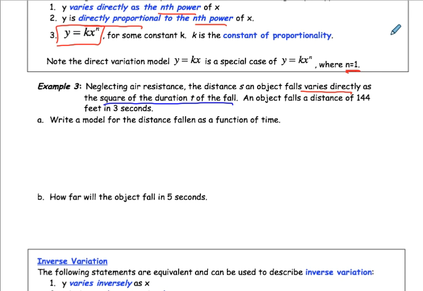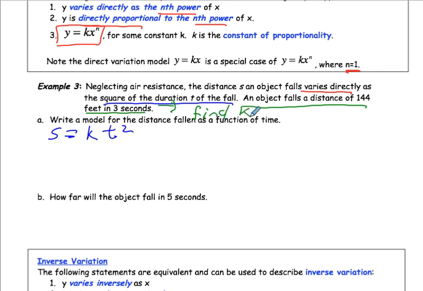Okay, so let's write the model. S, the distance an object falls, varies directly as the square of the duration of the fall, where the duration of the fall is given by the variable t. So S equals k t squared. Now we need to use the given information. An object falls a distance of 144 feet in 3 seconds. This is going to help us find k.